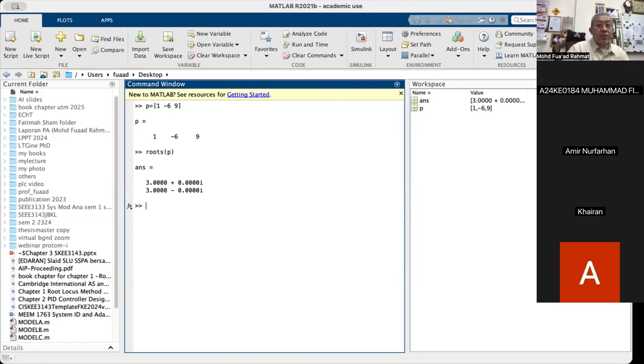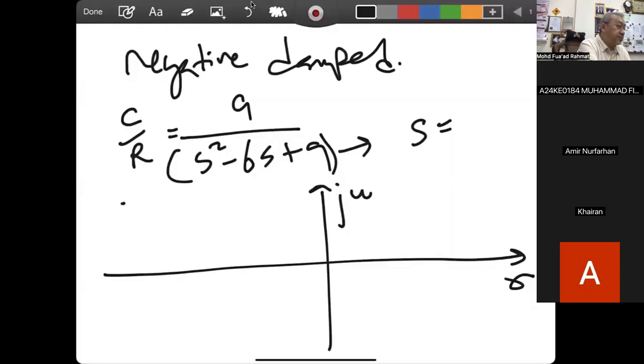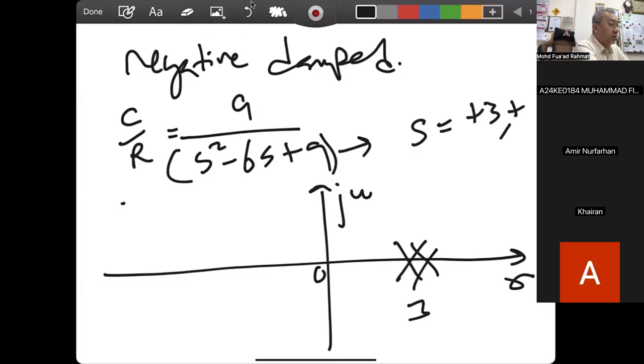So the location of the poles is on the right half plane. Guys, right half plane, unstable.